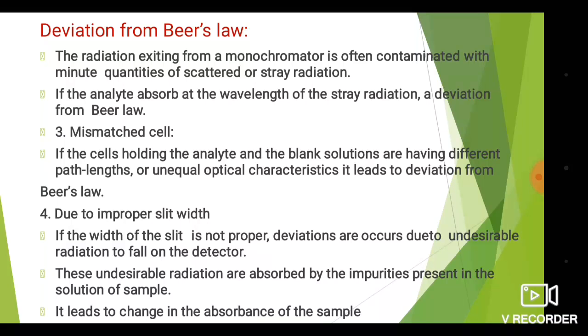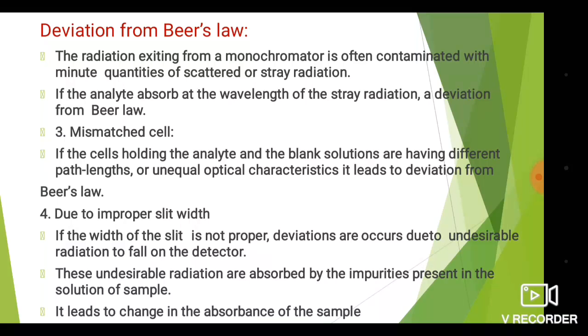Due to improper slit width: if we use improper slit width at the different sides, that is the entrance slit and exit slit, we will get different types of radiation, and we will get different absorption, and we will get the deviation from Beer's law.